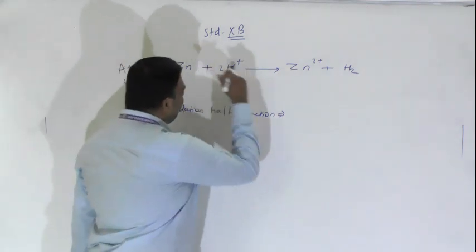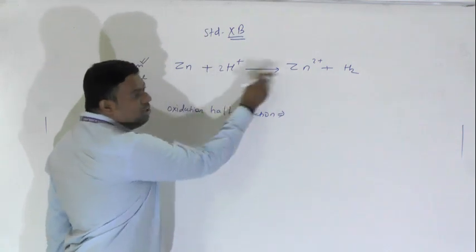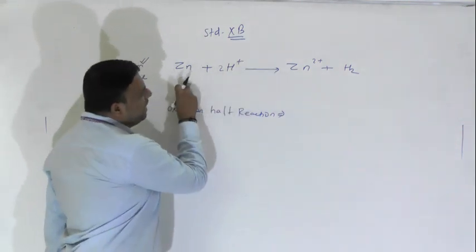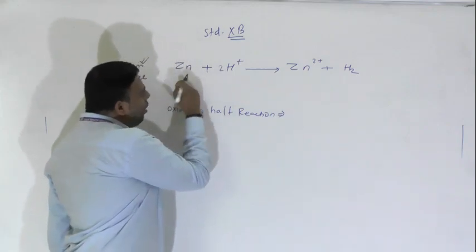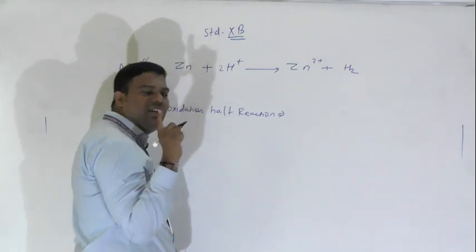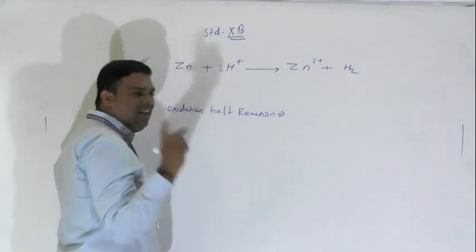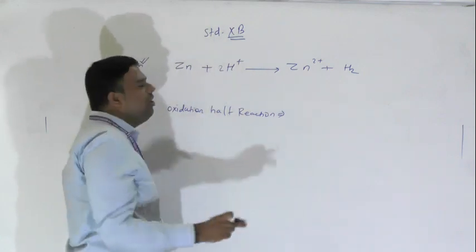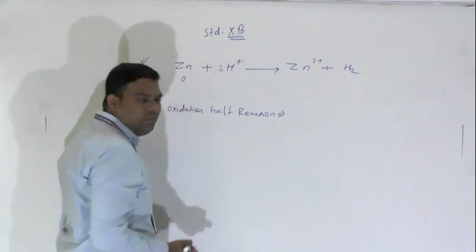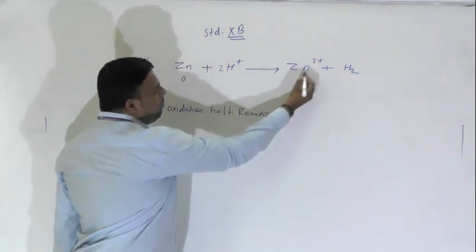You can easily observe from Zn to Zn2 plus. Already I told you, any element in its elementary state always has oxidation number 0, and here it is plus 2.